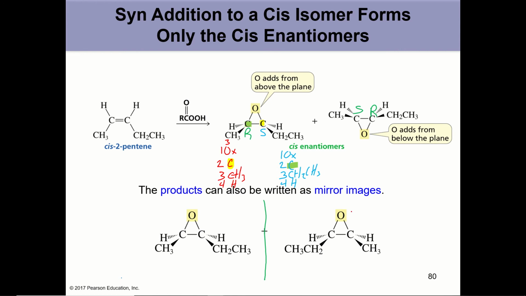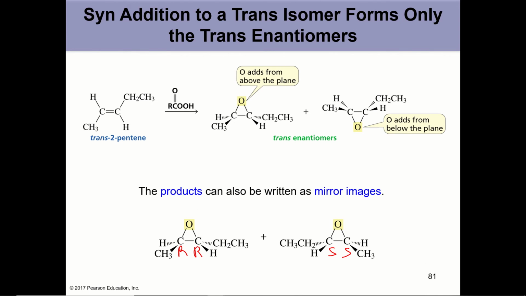So because I've already defined the stereoisomers for the cis isomers, then for the diastereomers of the trans isomers, I can easily identify the configuration of the carbons.